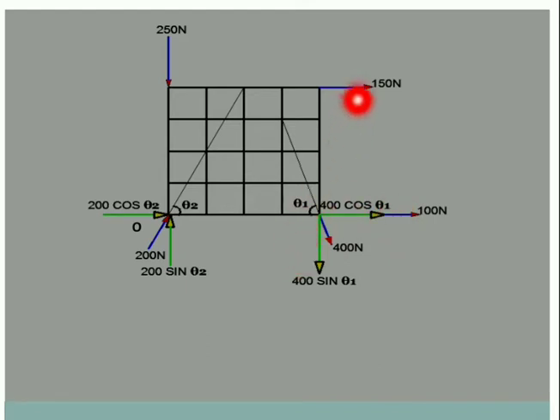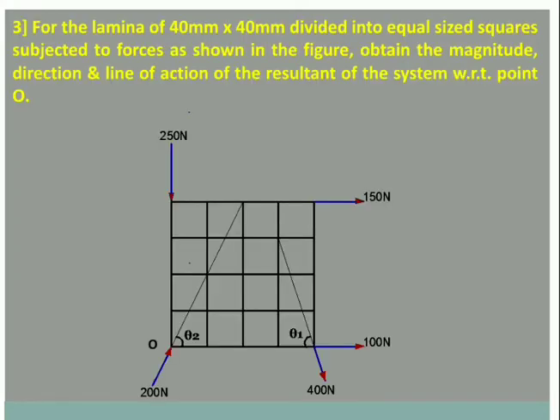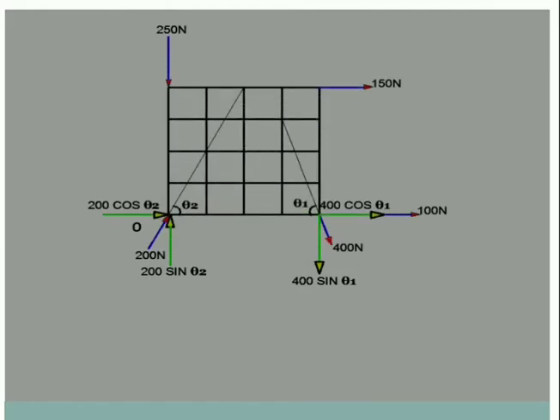The other forces are kept as they are. As you see in this image, one force is acting inwards and the other force is acting outwards. So please be careful while resolving.